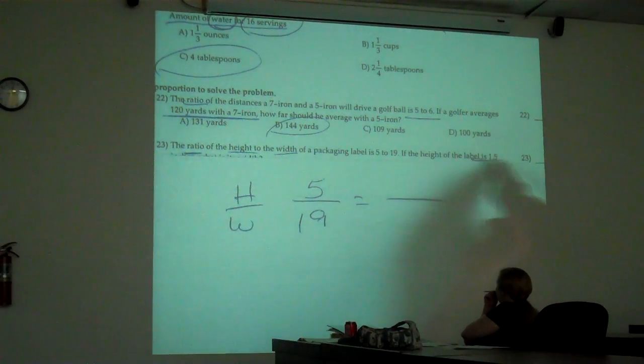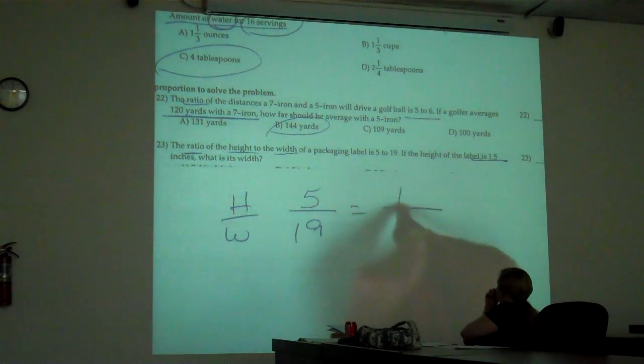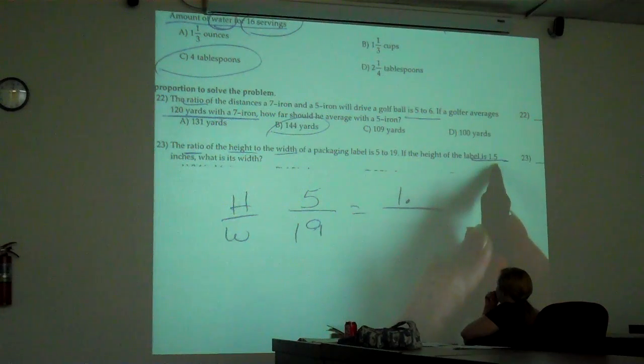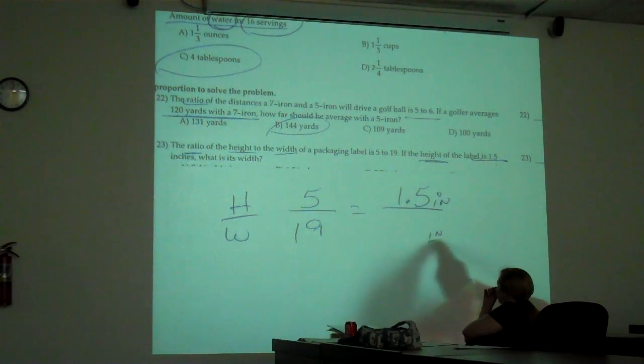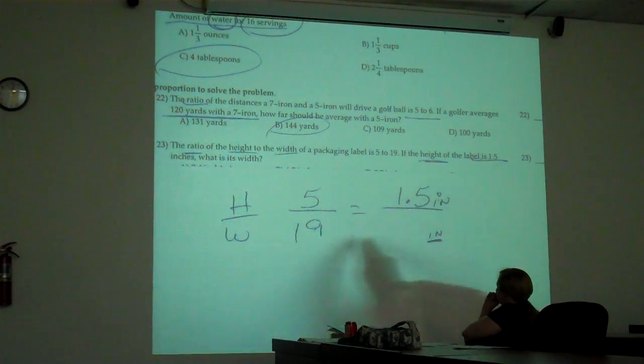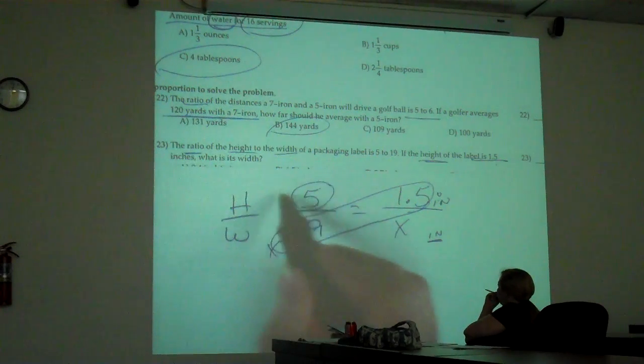If the height is 1.5 inches, that's the height, right? 1.5 inches. So we know this will be in inches. What is the width? So multiply those two, divide by 5.